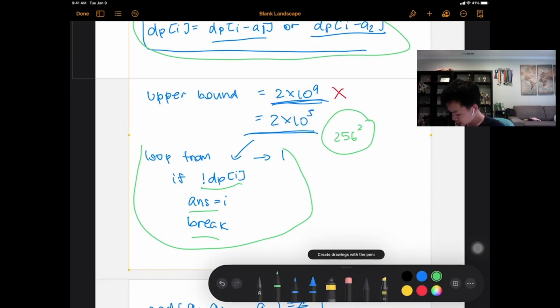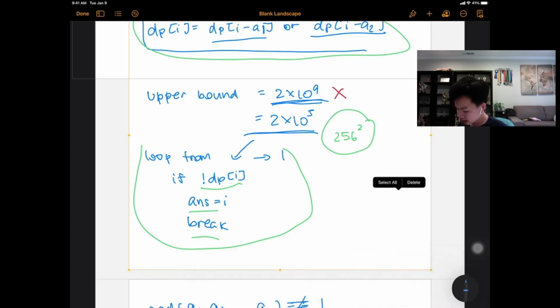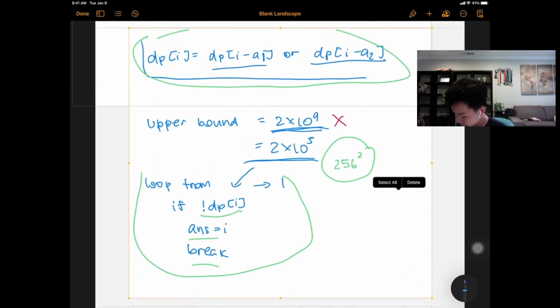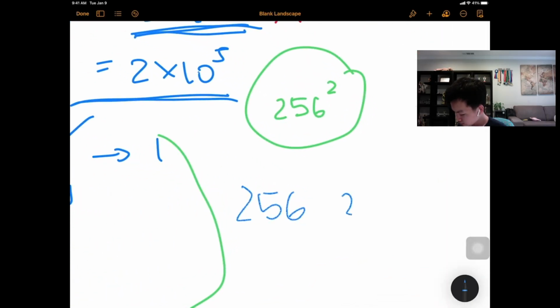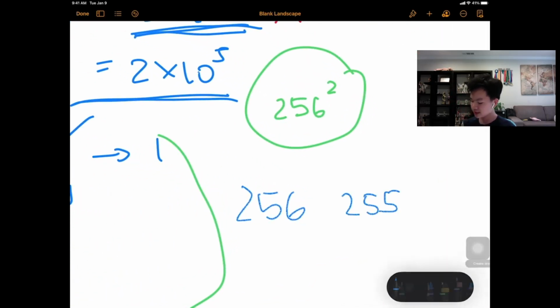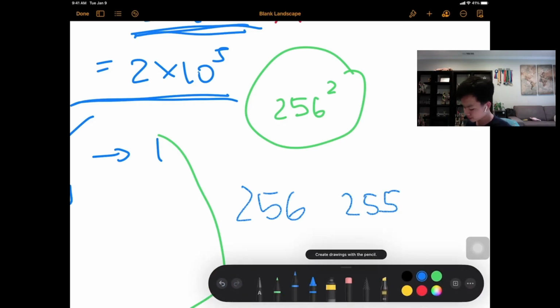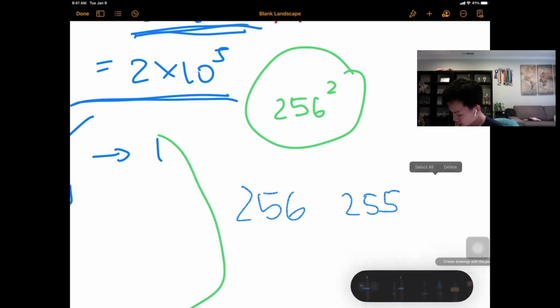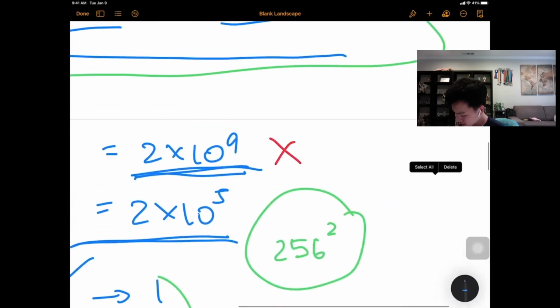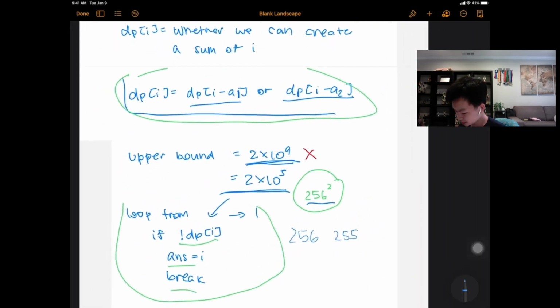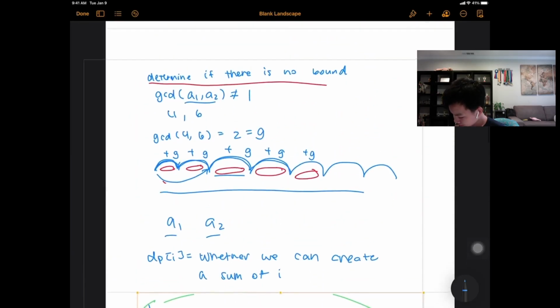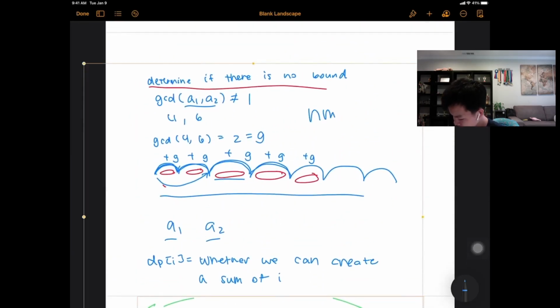What's going to happen is that you have two integers, 256 and something like 255. Since these two are relatively prime, you may want to consider this. Over here, this is not the actual upper bound. You're going to have something like n times m minus n minus m.